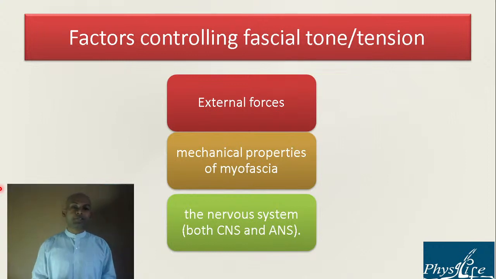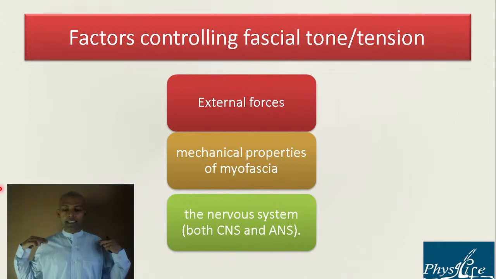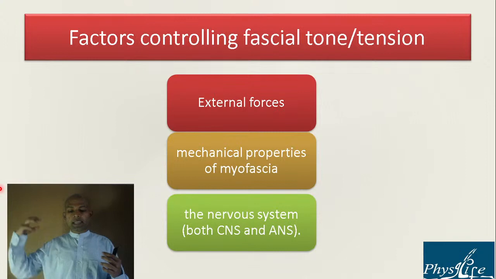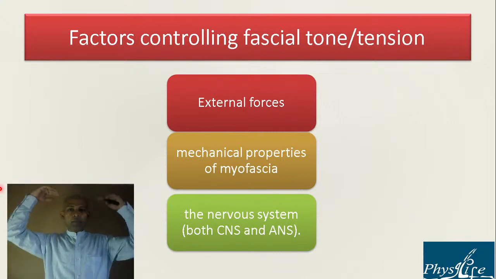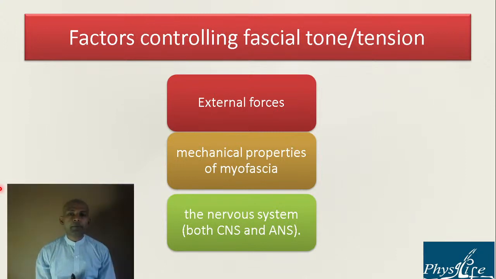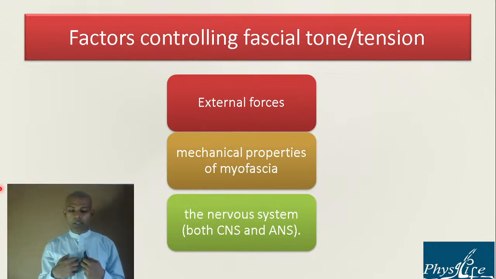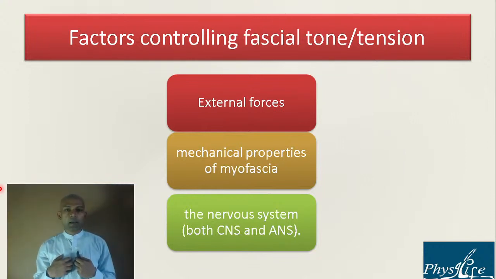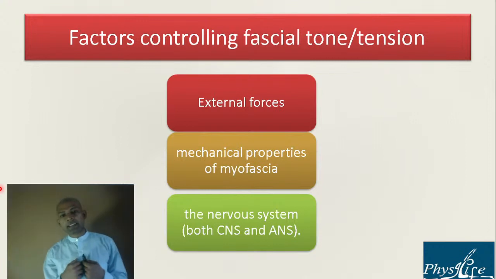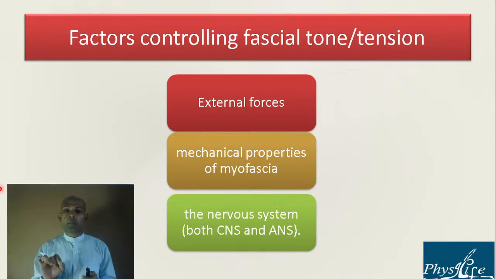One thing is external forces. If I'm standing now, if you put say a 20 kg load on my head, I will definitely change my posture and the tension of my myofascia is going to change. But then what are the other factors? The other factors are the mechanical properties of myofascia, and third is the nervous system, how strongly it is contracting, both CNS as well as ANS.